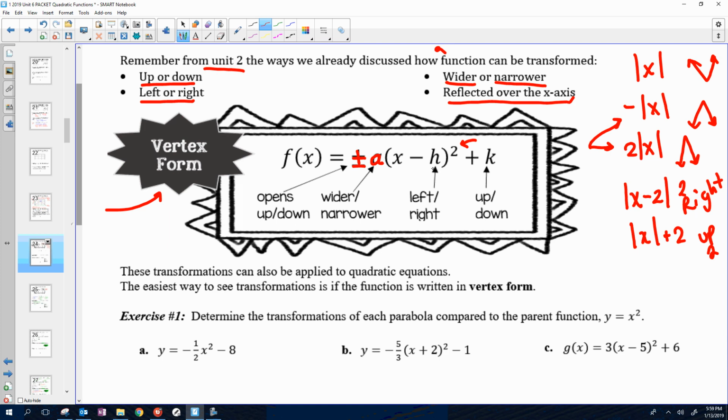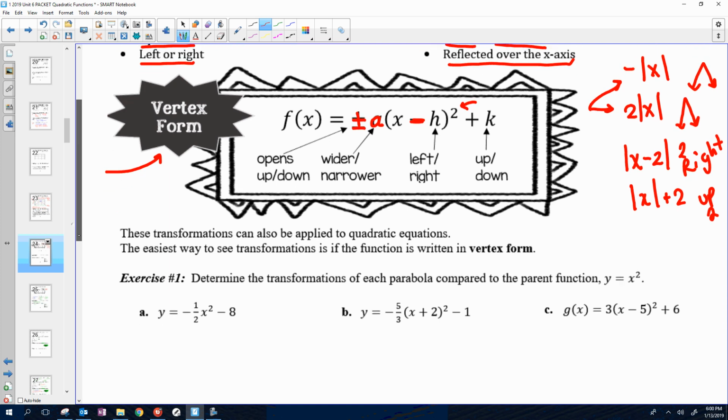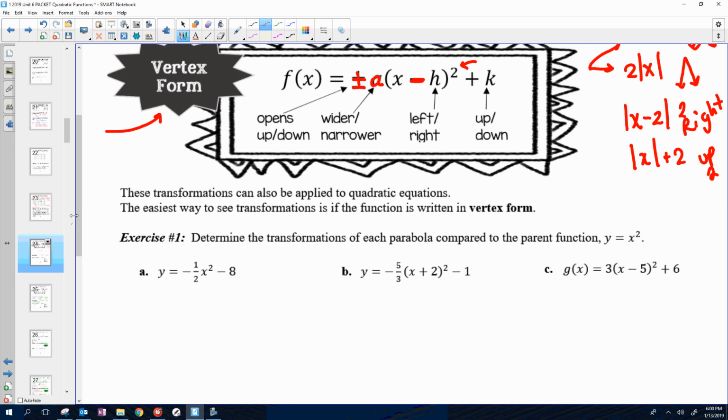You're going to have a number inside that's going to be moving it left or right. If it's a minus, it's right. If it's a plus, it'll go left. It's the opposite of what you would think. And then a k on the outside. So if you had like a +6 out here, it would go up 6. So it looks confusing until we put some numbers in. So let's look at these transformations in vertex form a little bit closer.